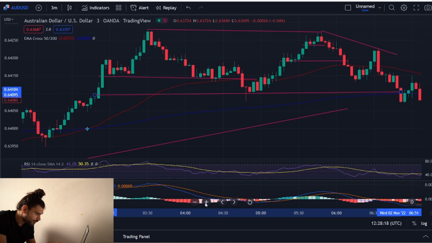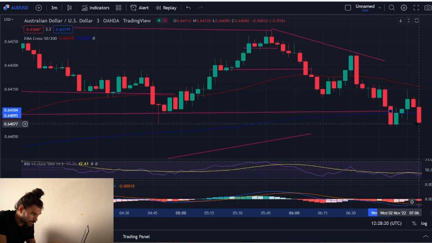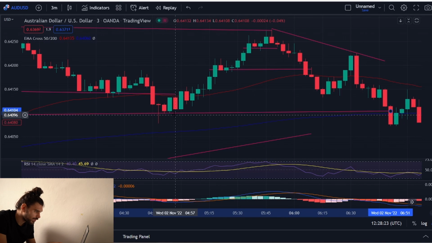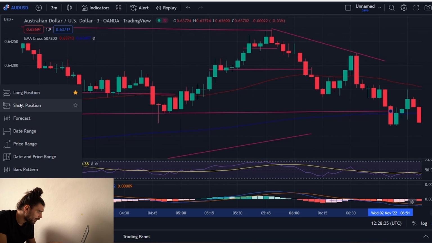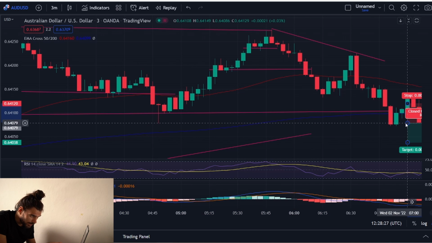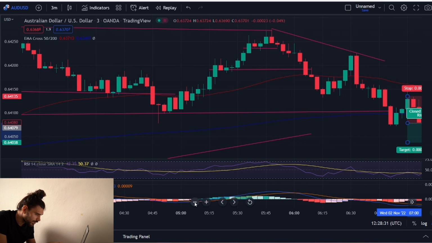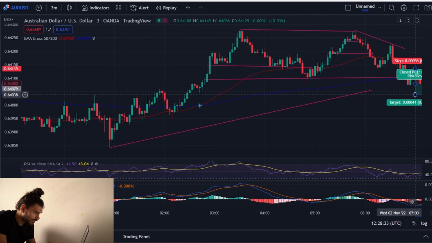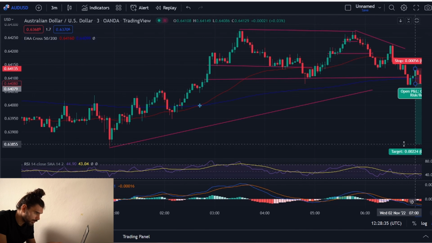So now here, kind of two full engulfing candlesticks below the 200 EMA. So I might enter here with a stop loss slightly above the wick and then target, this would be too small, so probably this low.